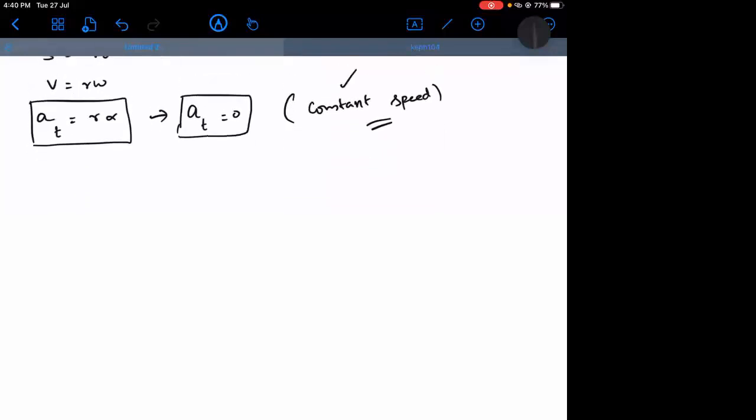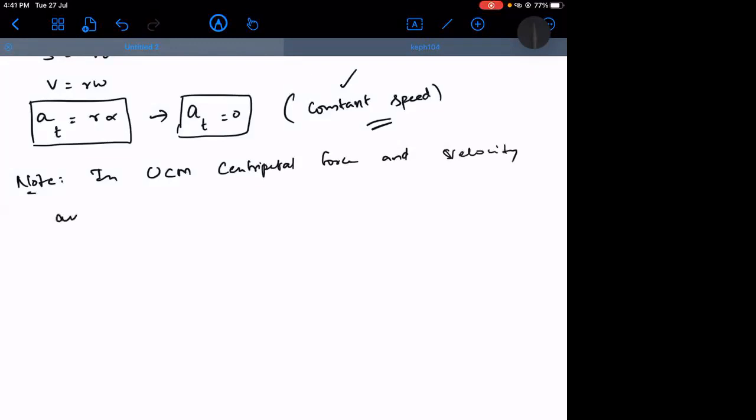And an important note that you need to make is, in uniform circular motion, force, that is centripetal force, and velocity are always perpendicular to each other.